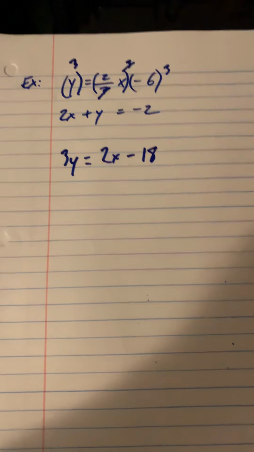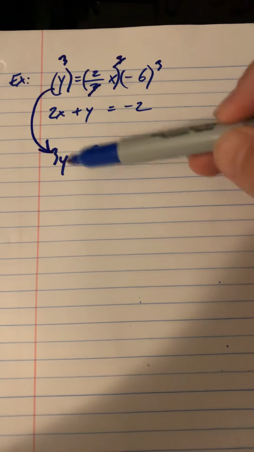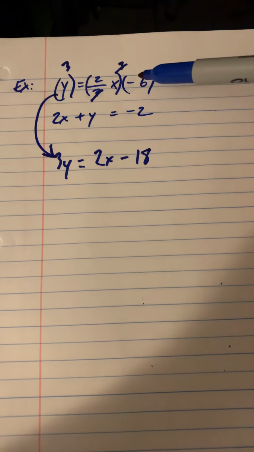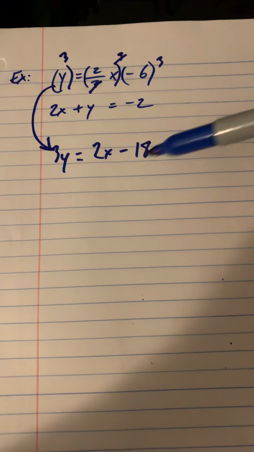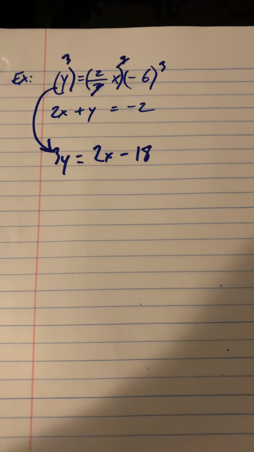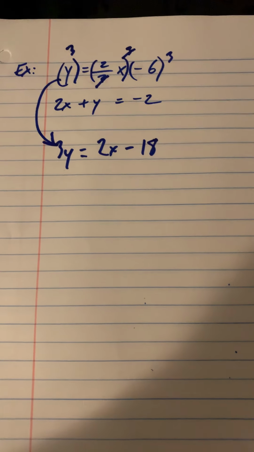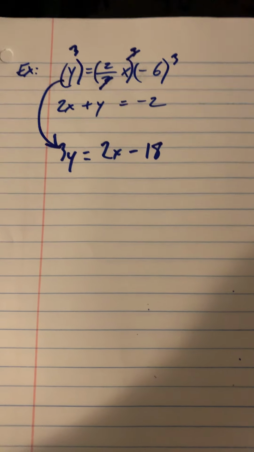All of this just came from the first equation, and all we've done is clear the equation of the fraction. But we still have some work to do. We still want to put it in the form of something x plus something y equals something.